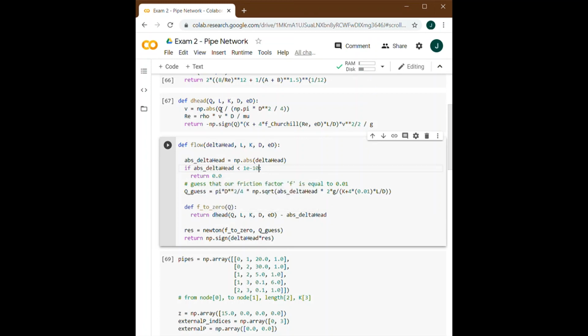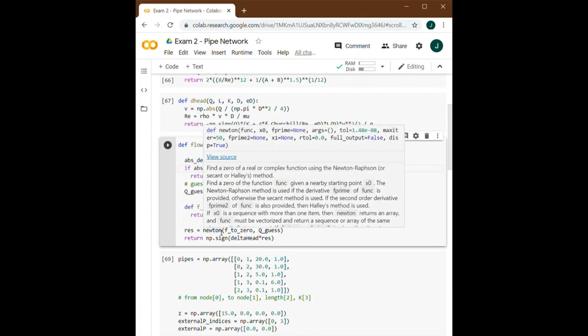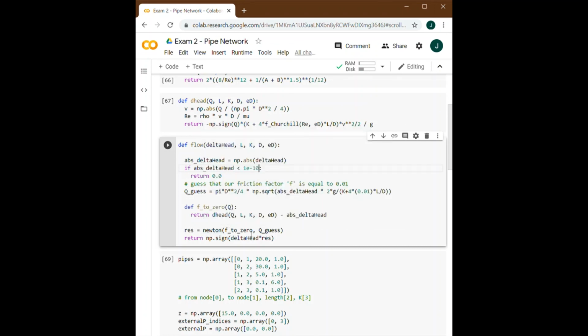D head is this function. We have Q, L, K, D, ED minus absolute delta head. Result is going to equal our Newton function, F to 0, so this function, times Q guess, which is up here.